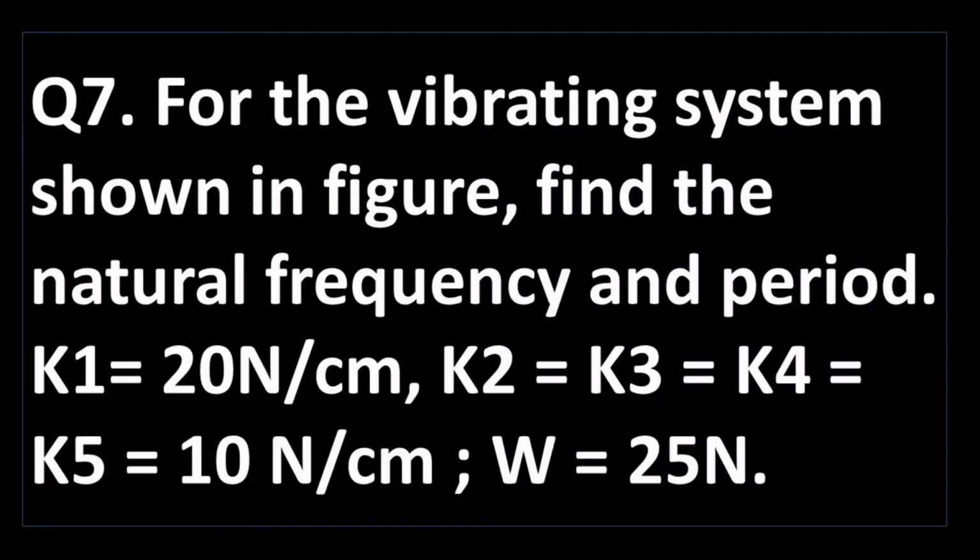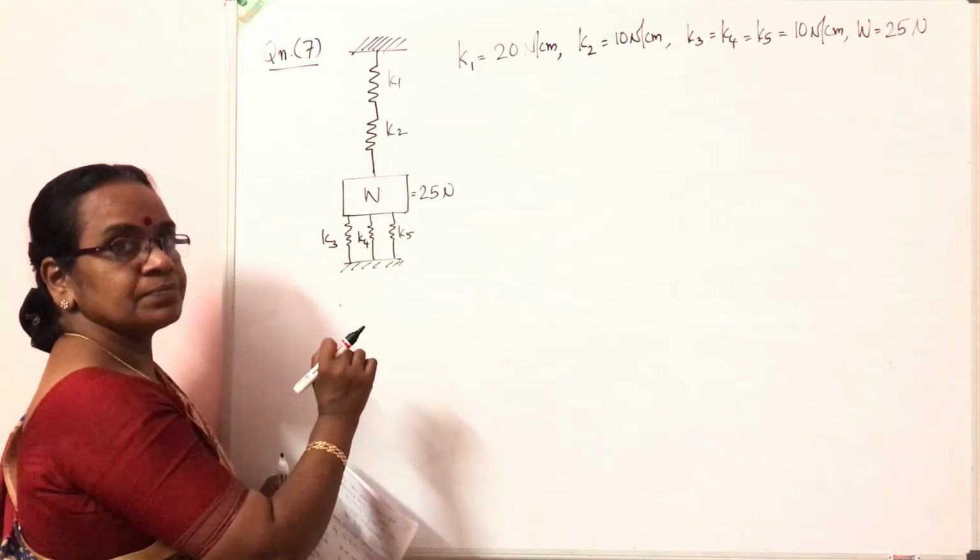Okay, coming to the next question. For the vibrating system shown in figure, find the natural frequency and period. K1 20 Newton per centimeter, K2 10 Newton per centimeter, K3, K4, K5 equal values 10 Newton per centimeter and the weight 25 Newton. So this is the figure.